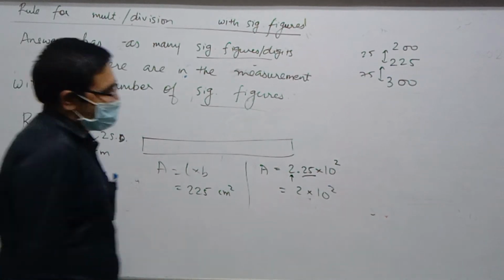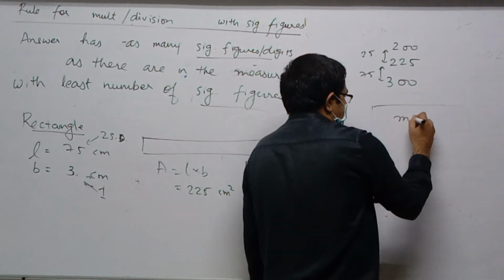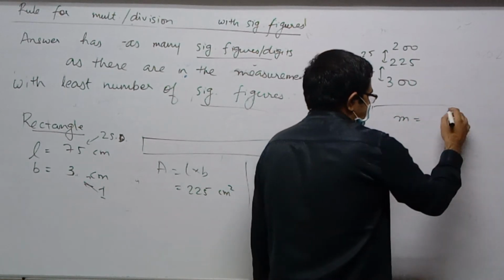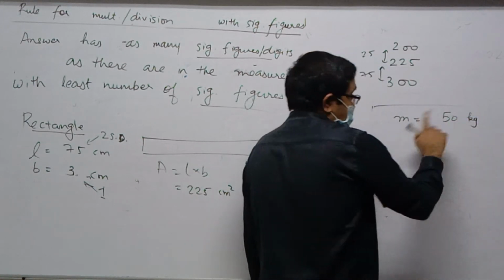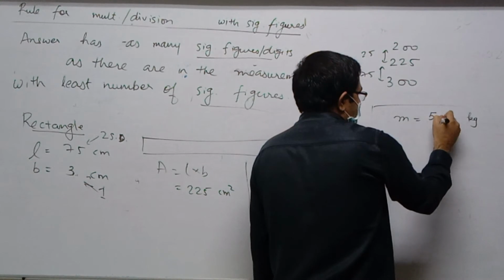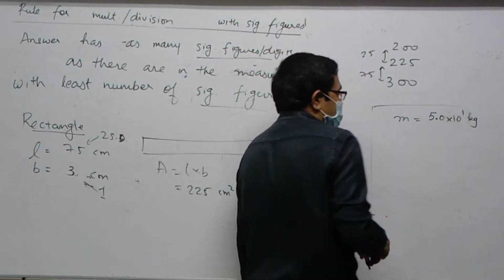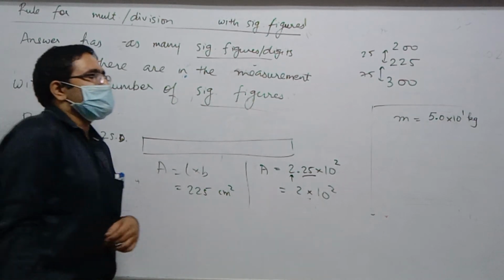Try one. Same thing, of course, you can do for division also. Okay. Suppose you know that mass of some object is, let's say, 50 kg. Or let me just write it as 5.0 into 10 raised to 1 kg, using scientific notation. Right?